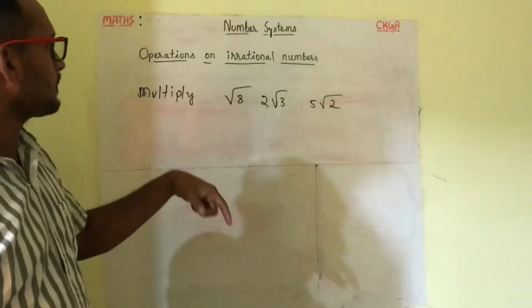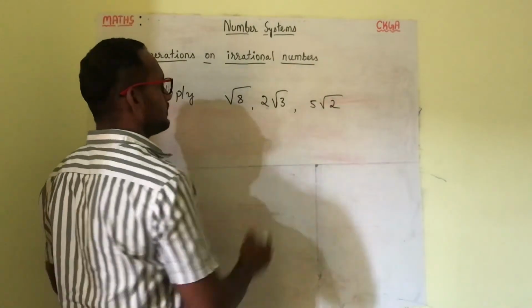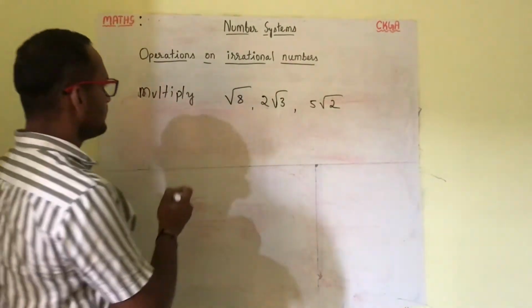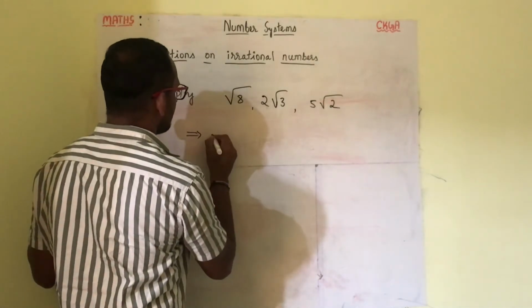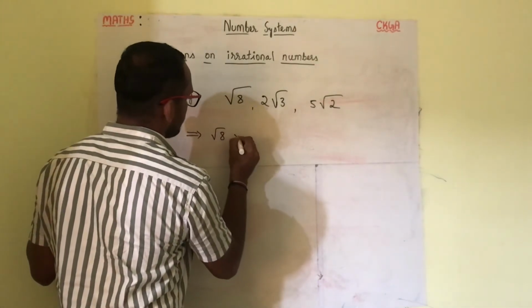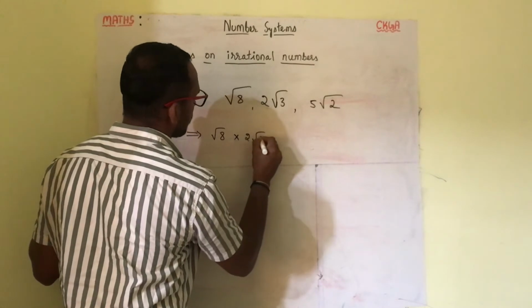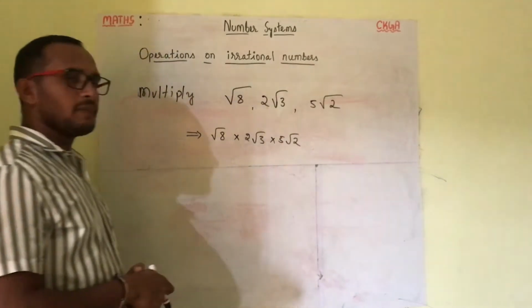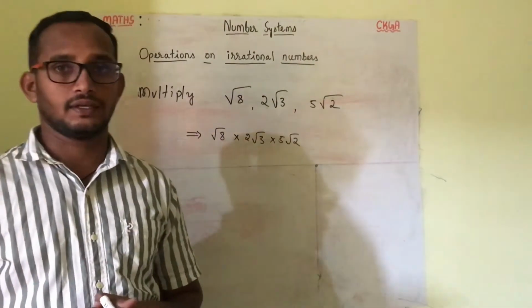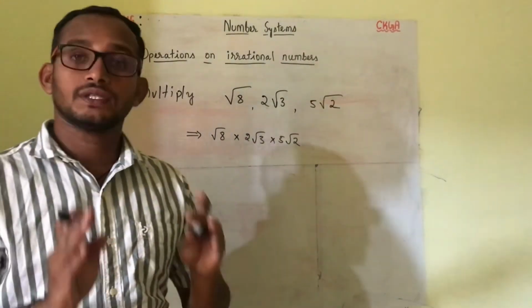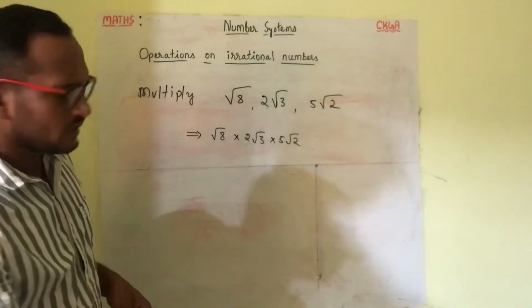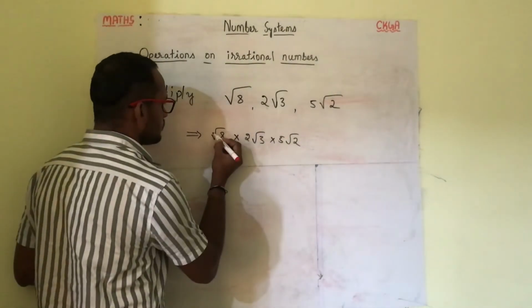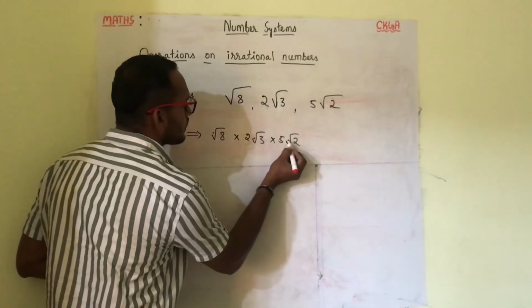I need to multiply all three. Just multiply them, so I will write them in a multiplying procedure: root 8 into 2 root 3 into 5 root 2. What's the major thing I should recognize here? I should recognize only the orders here. Here the order is 2, here the order is 2, even here the order is 2.